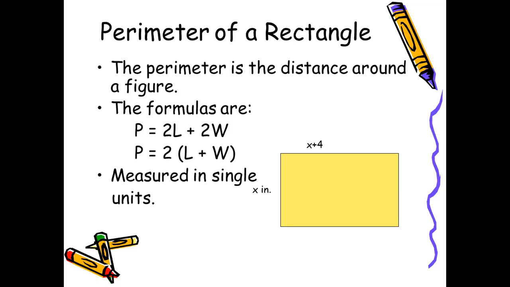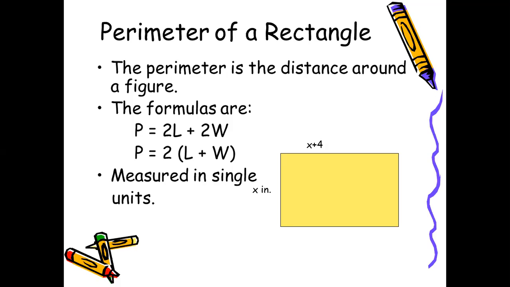Perimeter is always measured in a single unit. If it is given in centimeters, your answer will be in centimeters as well. If the units are given in meters, your answer is going to be in meters as well. But this rectangle on the screen does not have any units because the sides are shown in variables.